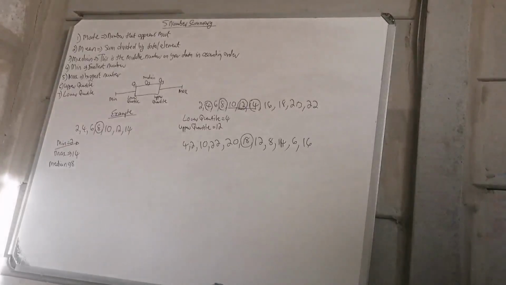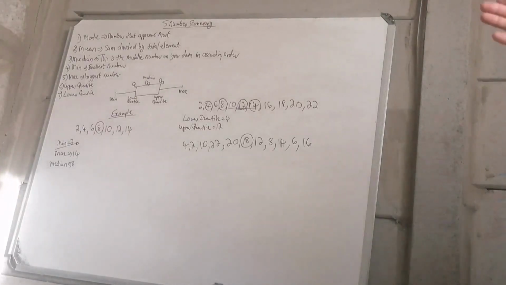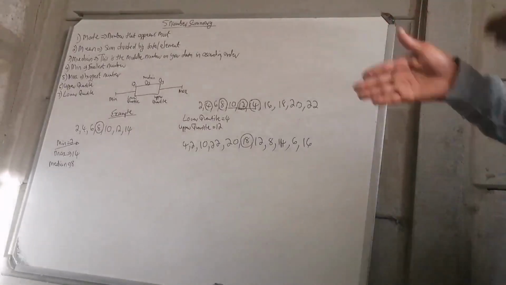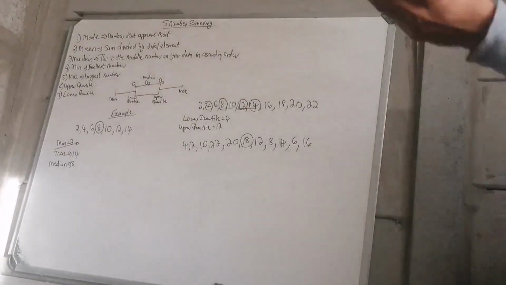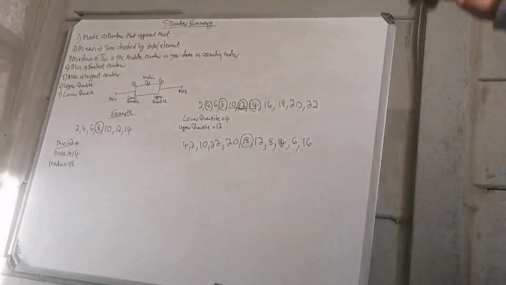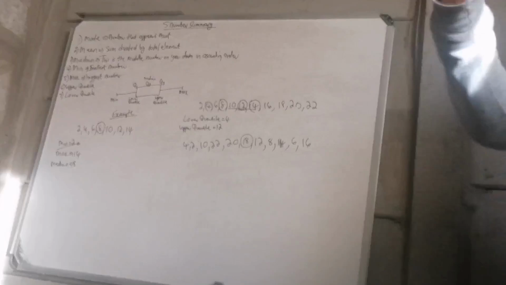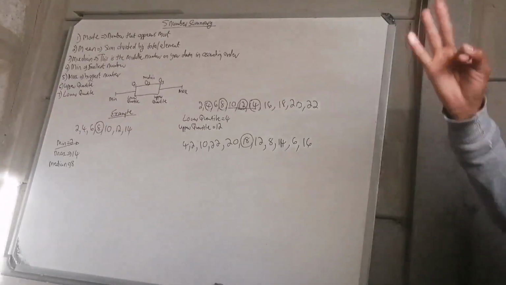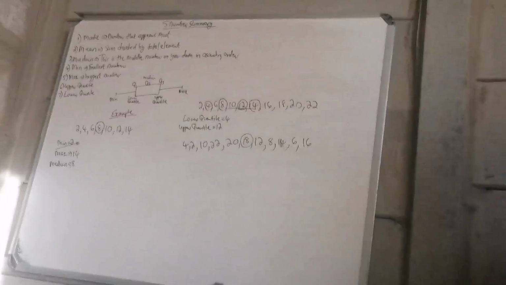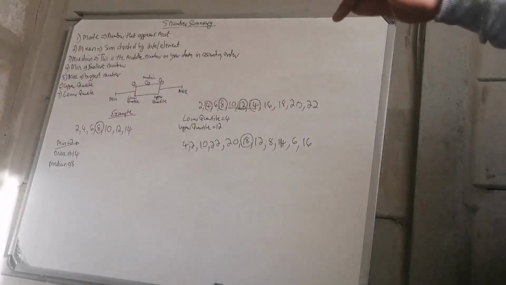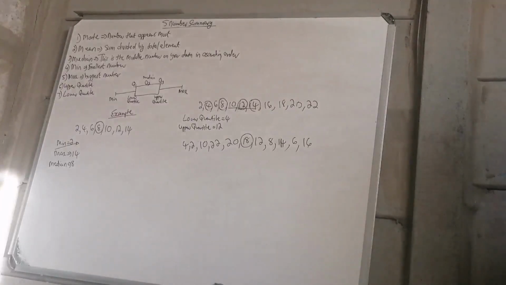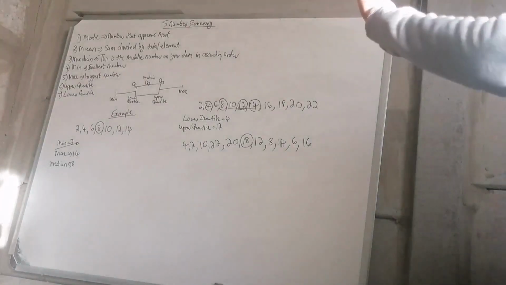You can have more than one mode: for example, if 4 and 10 appear equally, then both are modes. Or if 2 and 4 are appearing equally, maybe 3 times each, they are both modes. If a number appears 5 times, that is the mode.